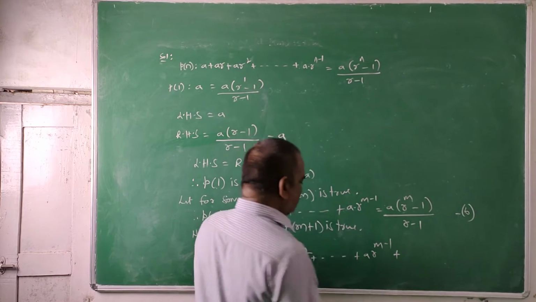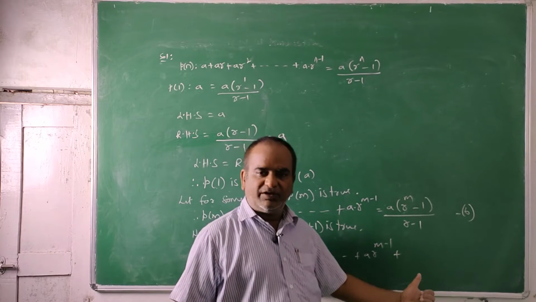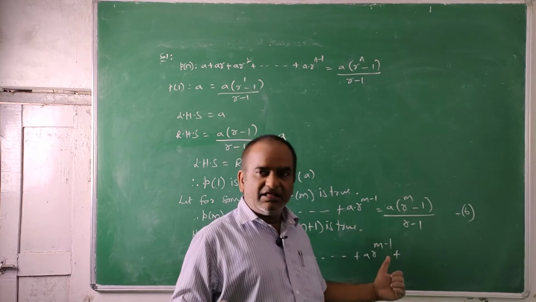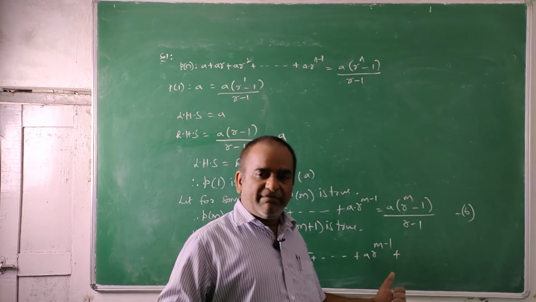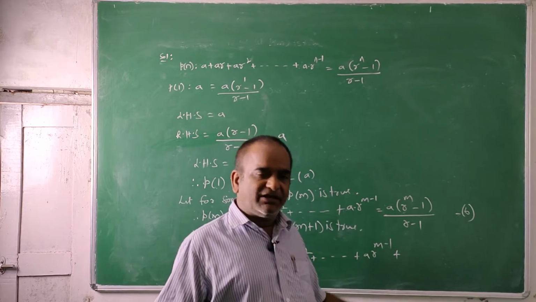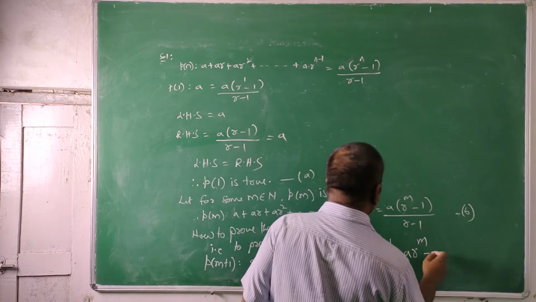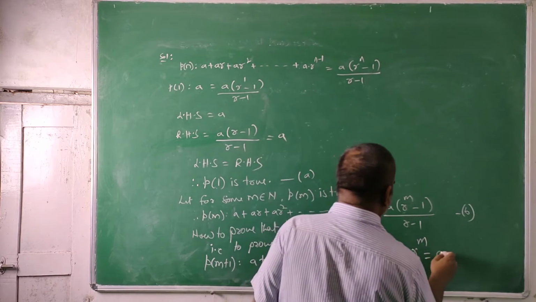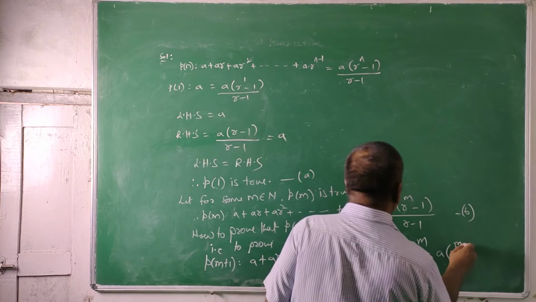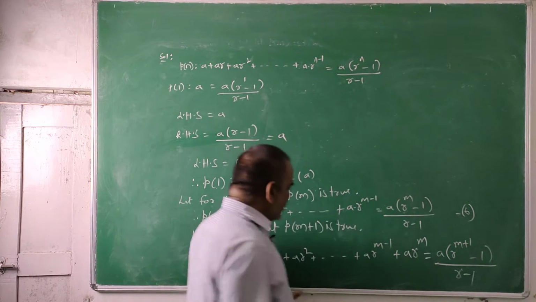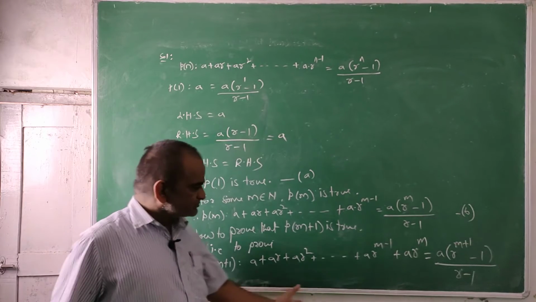Immediate next successive term in the series you have to take. For that you have to replace m with m+1. So if you replace, m+1-1, the plus 1 and minus 1 get cancelled, so you get a r^m. And on this side m has to be replaced with m+1 so that you get this. So you are supposed to prove this.